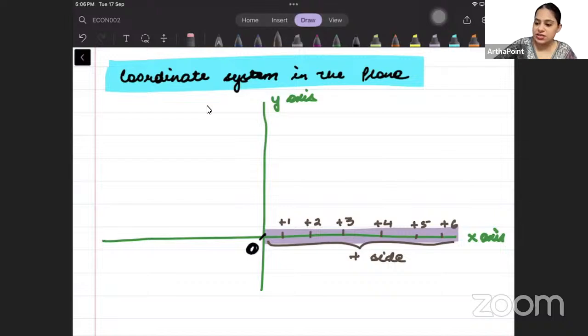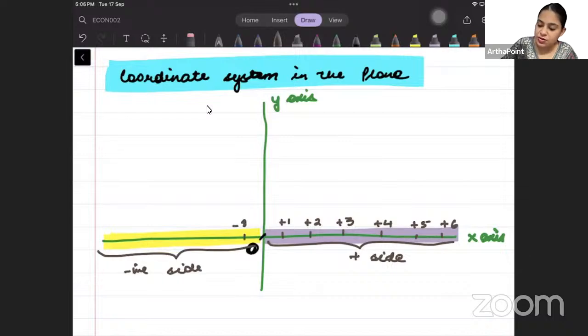Positive side of the x-axis. But whatever will come on this side, that will be the negative side of the x-axis, meaning -1, -2, -3, -4, -5 and so on.